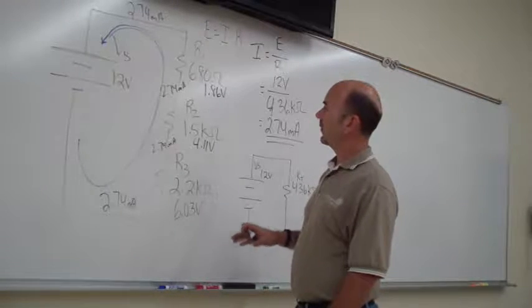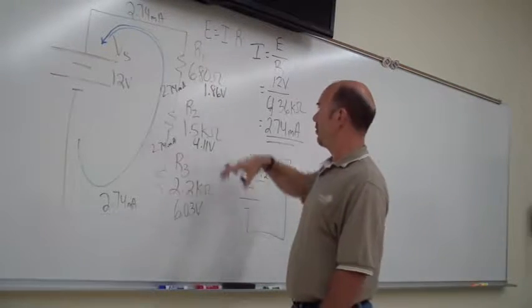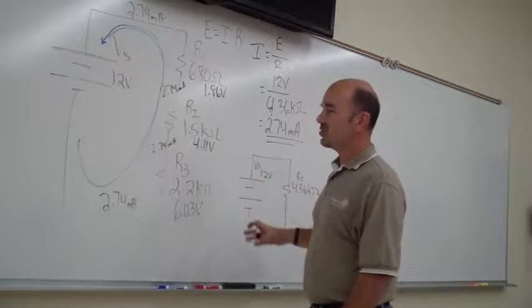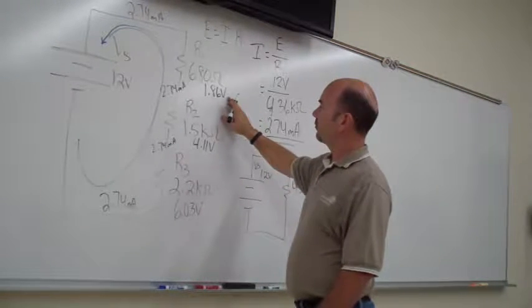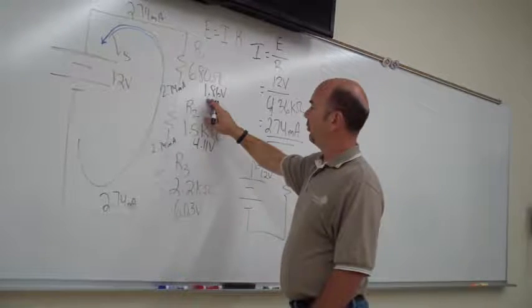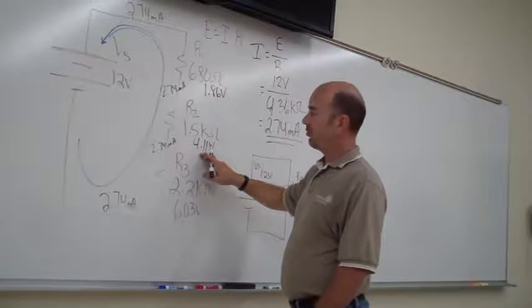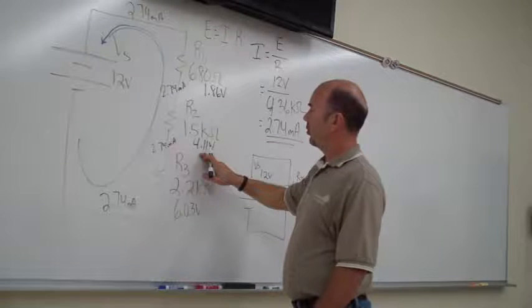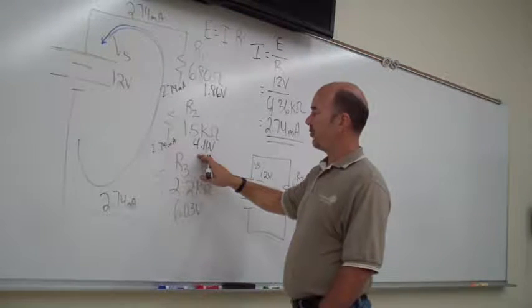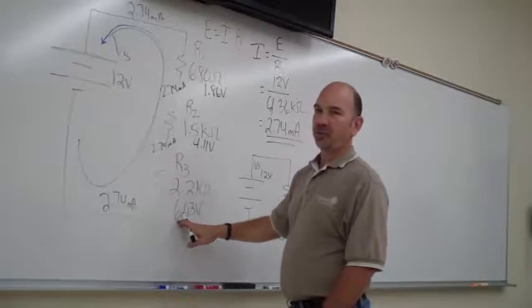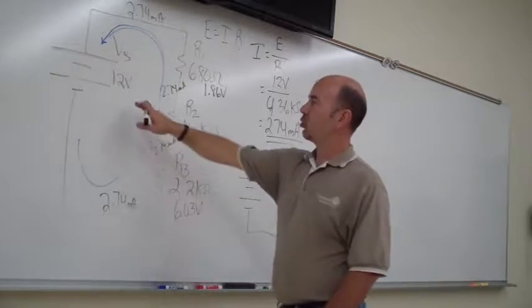Now, again, it still doesn't make a whole bunch of sense until we think about it this way. I have 1.86 volts plus 4.11 volts, which gives me 5.97 volts. And 5.97 volts plus 6.03 volts gives me 12 volts.